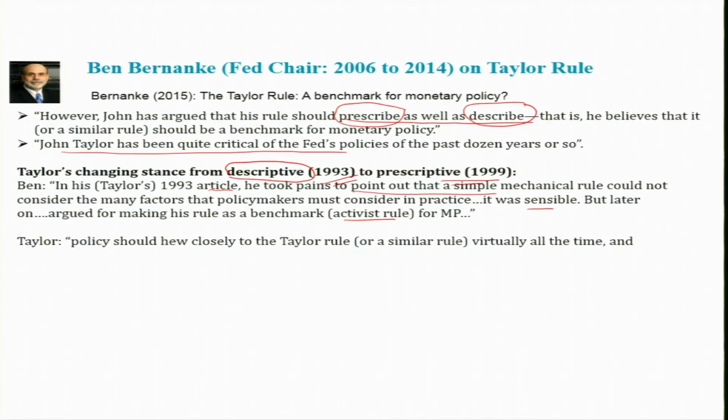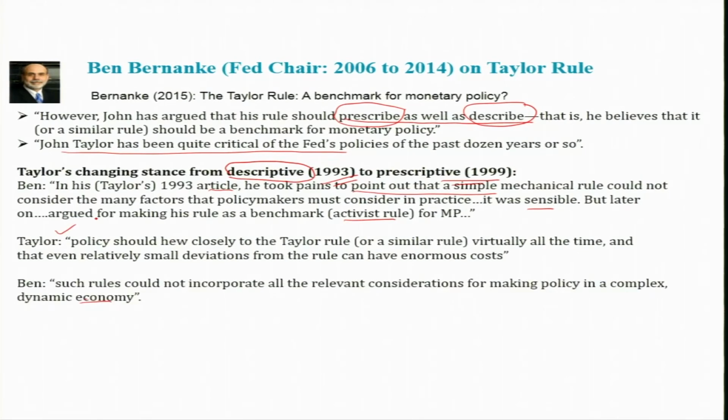What Taylor argued is that policy should hew closely to the Taylor rule or a similar rule virtually all the time, and that even relatively small deviations from the rule can have enormous cost. This is Taylor's argument, but Ben is saying such rules couldn't incorporate all the relevant considerations for making policy in a complex, dynamic economy, as the economy is very complex and very dynamic.